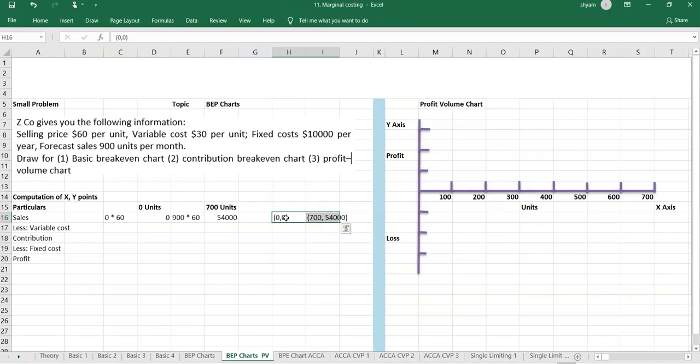Okay, sorry, we don't need to do it for sales. We just have to do it for profit. So we can just eliminate this. The next step is to get the variable cost. The variable cost is going to be 30. For 0 units, it's again going to be 0.